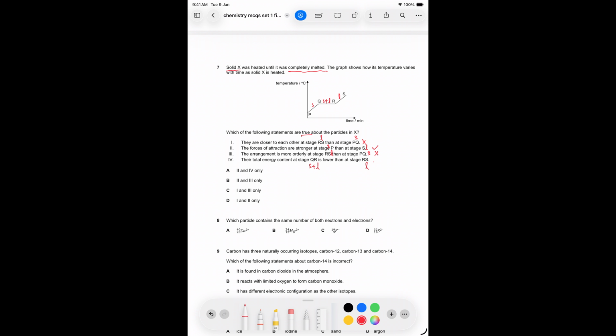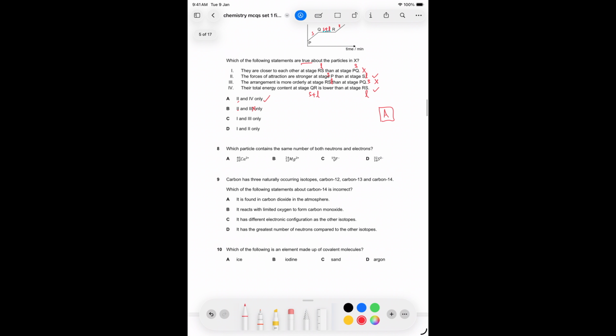Okay, that is correct. By elimination, you can tell as well, because only statement 2 is correct and statement 3 is wrong, so statement 4 must be correct as well. So the option is A. Okay, so this question is under solid, liquid, gases.